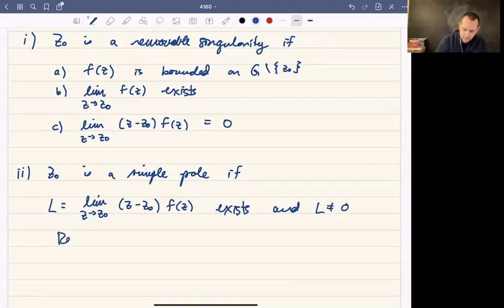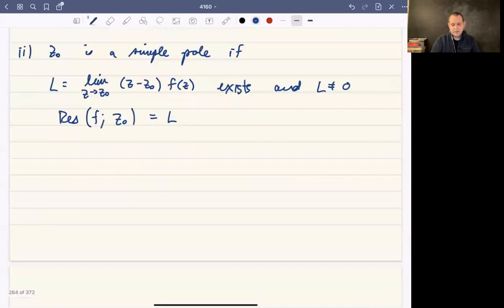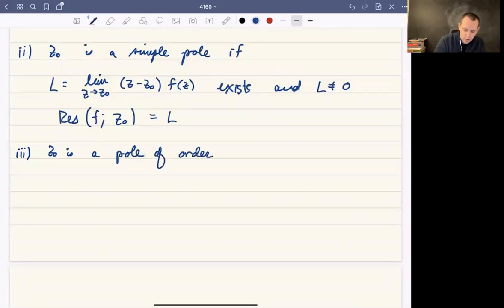And moreover, the reason why we wrote this to begin with, this limit turns out to be the residue. I'll talk a little bit about this at the end here. I'll give a sketch of a proof for number 2, or at least part of number 2.